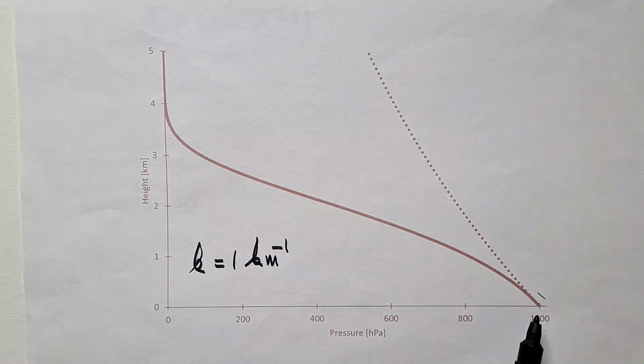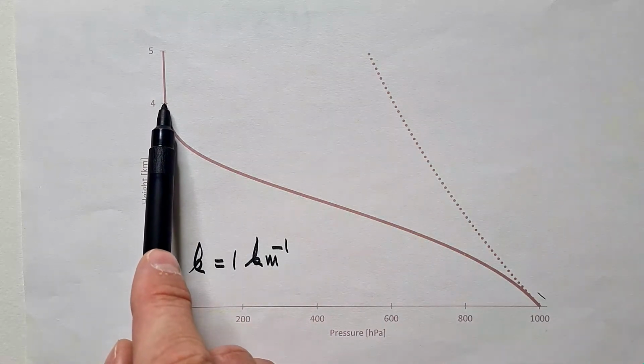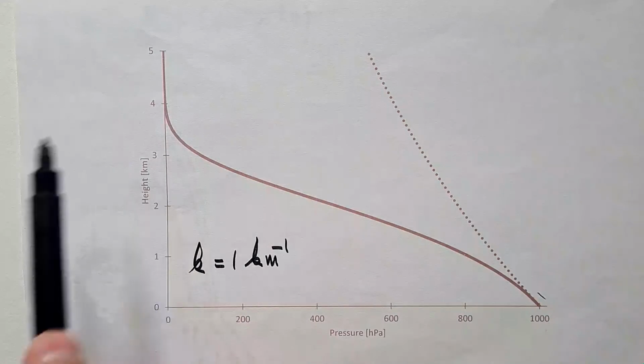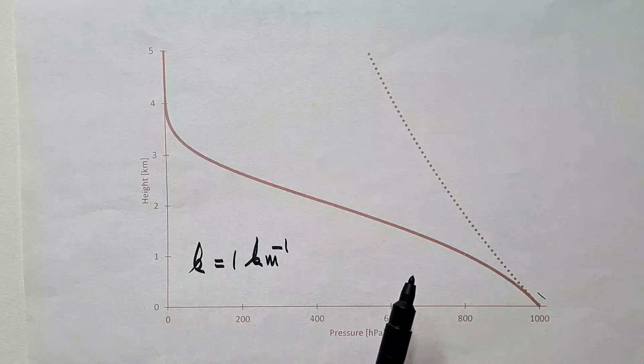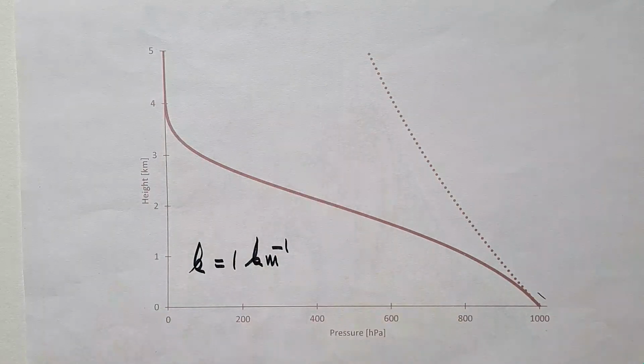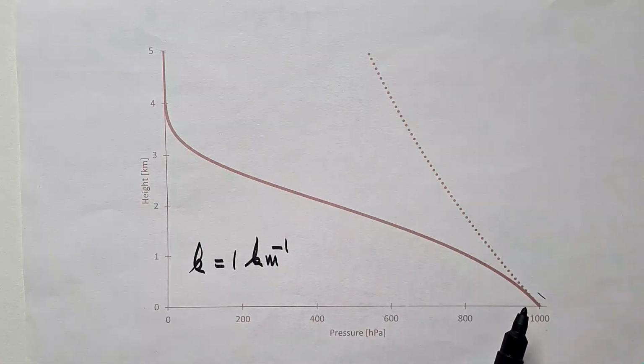We can see that if we start with 1000 hectopascals, 1000 millibars at the surface, then pressure at 4 kilometers is practically zero. So pressure really has a steep decline with altitude in such an atmosphere. The dotted line is the behavior of pressure in an isothermal atmosphere, and to pretty good approximation it can be used as a pressure decrease with height in our atmosphere of the planet Earth. So you can see the big discrepancy.